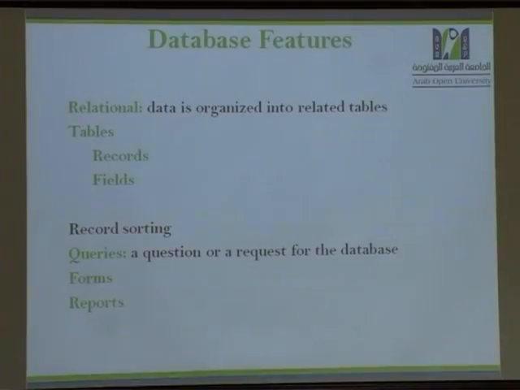Some features only exist in databases, just like the relational feature. This is a sort of relations. We have to define the relationship between each data entity. Okay, we have tables, so data are listed and sorted in the tables, very huge tables.